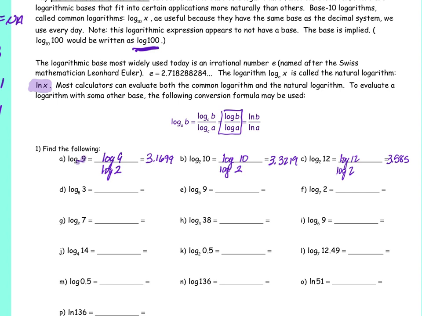So this should be log of 3 divided by log of 8, which is 0.5283. And most of you guys are right. If you're not, just check and see what happened.